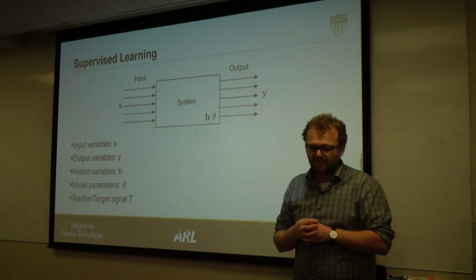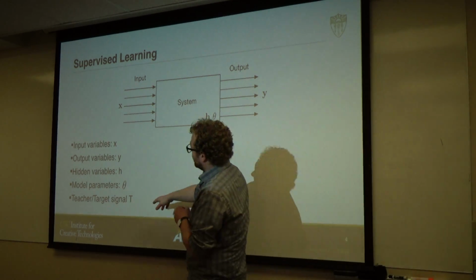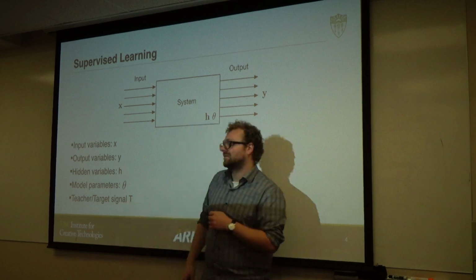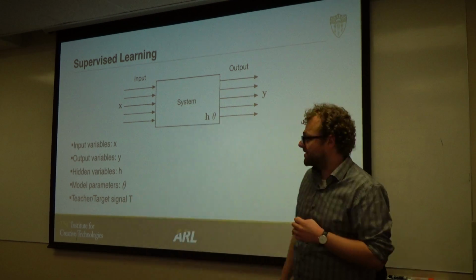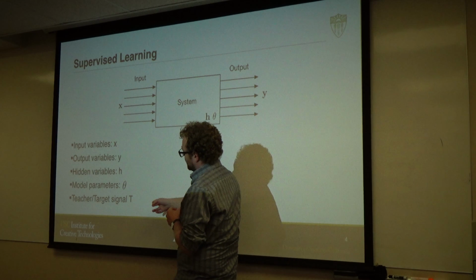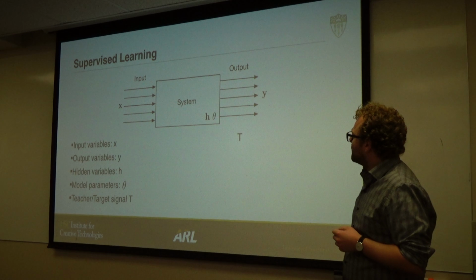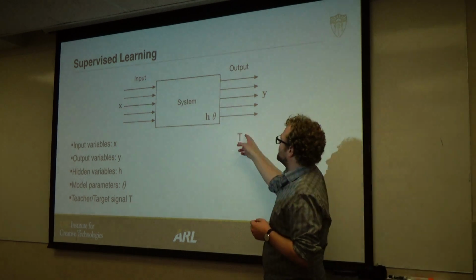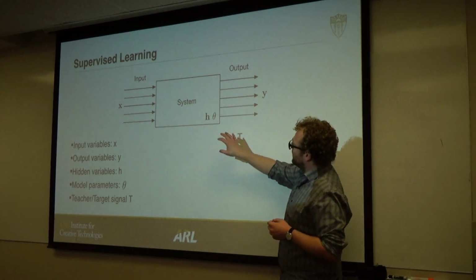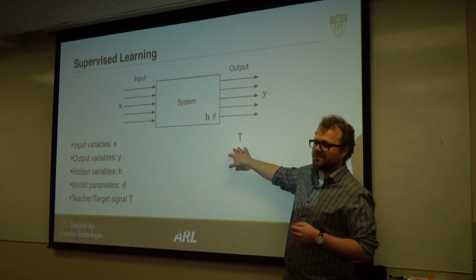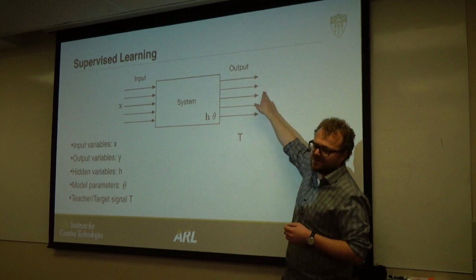Okay. But now there's the last thing that we need in a supervised learning problem. It's called the teacher or the target signal. And we call it T in this case. And we get information about it at this stage here. So the target is what this should be like, okay?